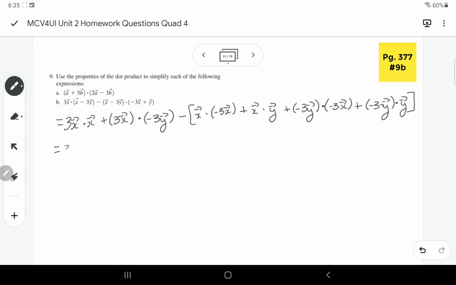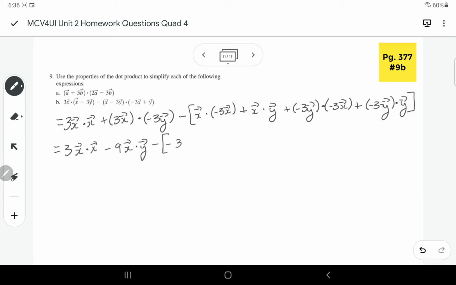So here we've got 3x dot x minus 9x dot y. Here I'm using that property of the scalar multiples that if we have any scalar multiples, it can come out front. And then I'm going to use that in this bracket as well.